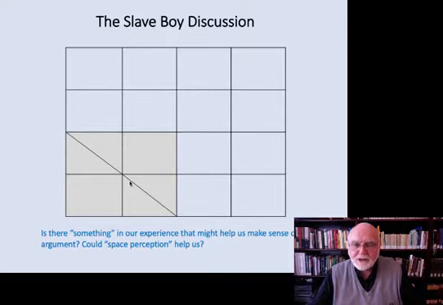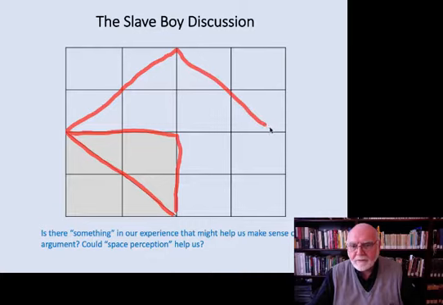Then Socrates makes a suggestion to the boy. Well, draw a diagonal across that and see if you can now draw a square which is twice the size. Now, it's easy for Socrates to ask him, is that shape half the size of that one? And clearly it is. And then he invites him to extend this side to create a new box and asks the question, is this box twice the size of that one?